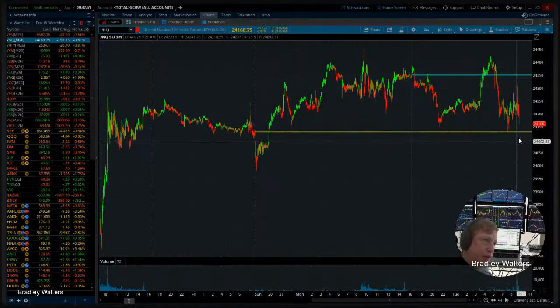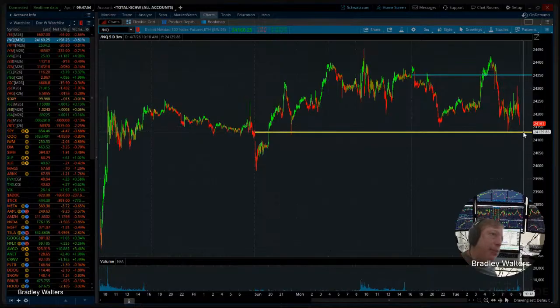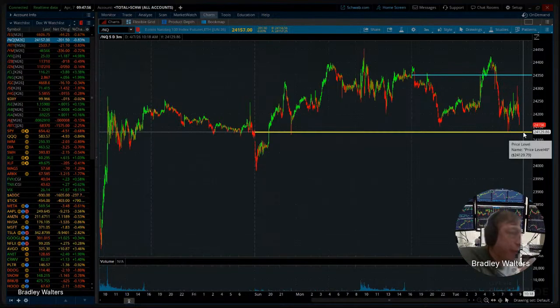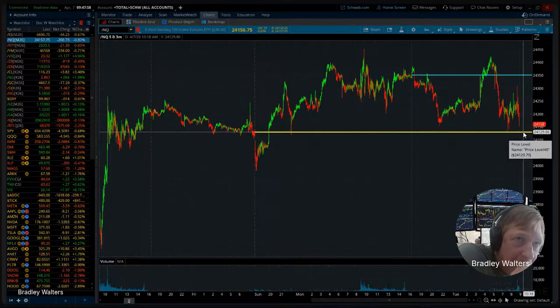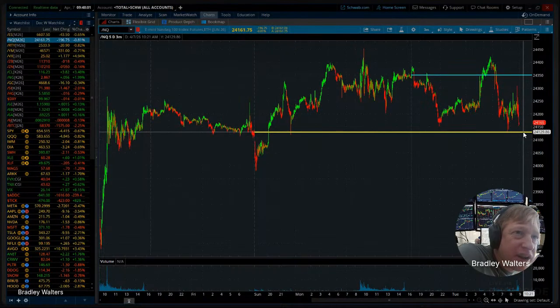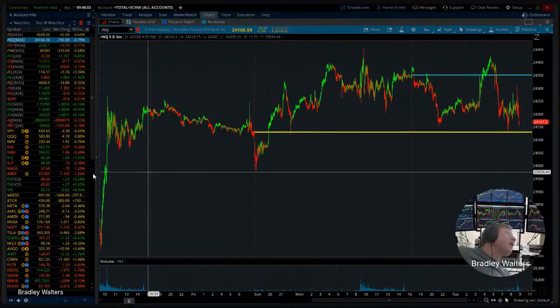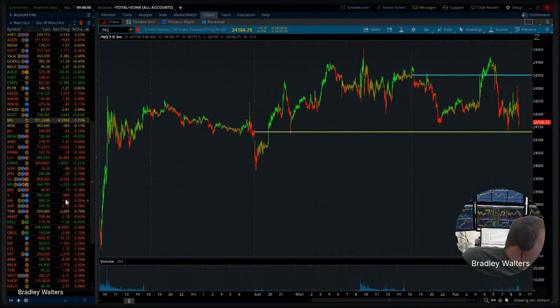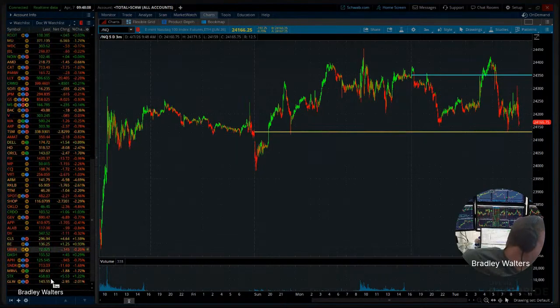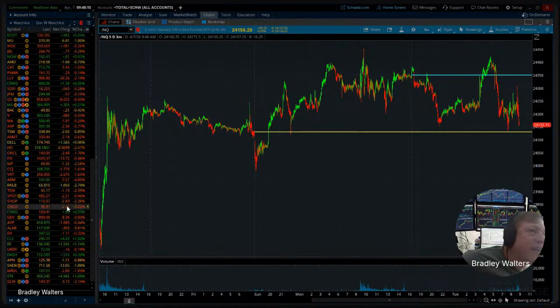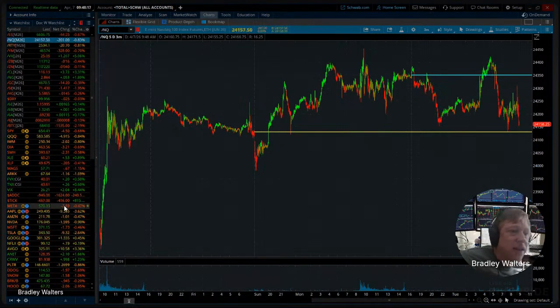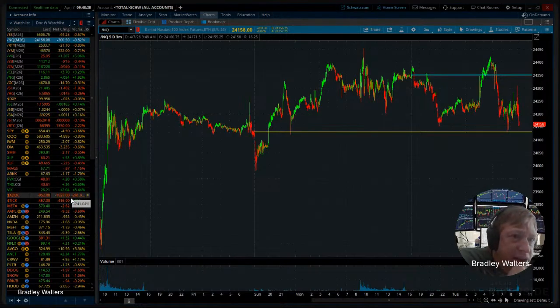The NASDAQ keeps falling lower and lower. It's getting close to that point where we should get a bounce if we're in a sideways range day. But look at all these stocks that are red for the day. Ugh. Yeah, we only have a couple stocks that are up.